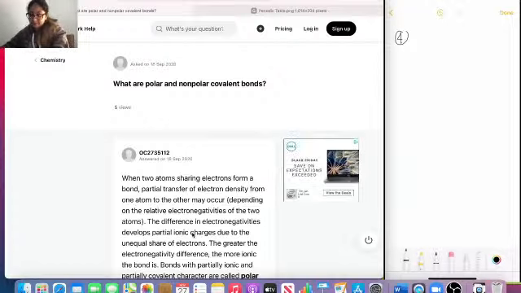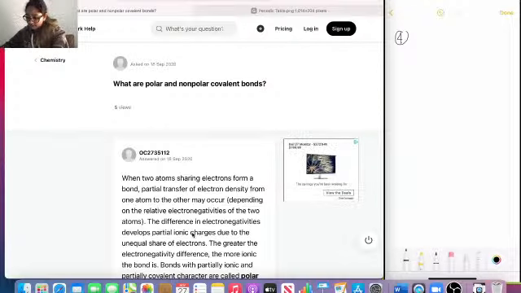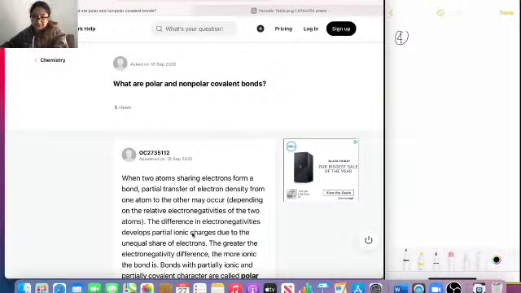Okay, so our next question says, what are polar and non-polar covalent bonds? Basically, when two atoms are sharing electrons, they form a bond. So partial transfer of electron density from one atom to another may occur, depending on the electronegativities of the two atoms.